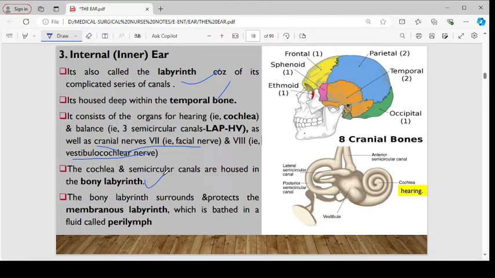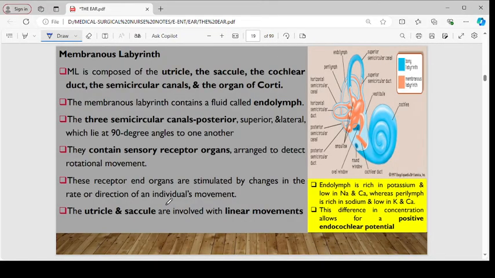This bony labyrinth surrounds and protects a membranous labyrinth, which is bathed in a fluid called perilymph. Starting now with the membranous labyrinth. Remember, we can see the difference in color between the bony labyrinth and the membranous one, all right? The bony covers the membranous, all right?